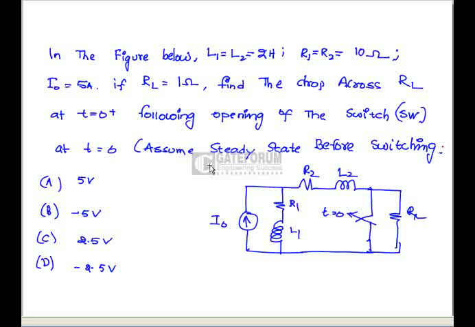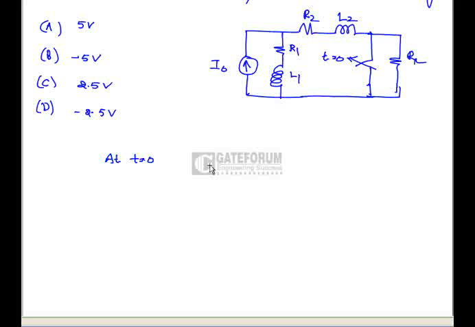At t equals 0 plus, we need to draw the diagram. At t equals 0 minus, IL2(0 minus) equals 2.5 amps.